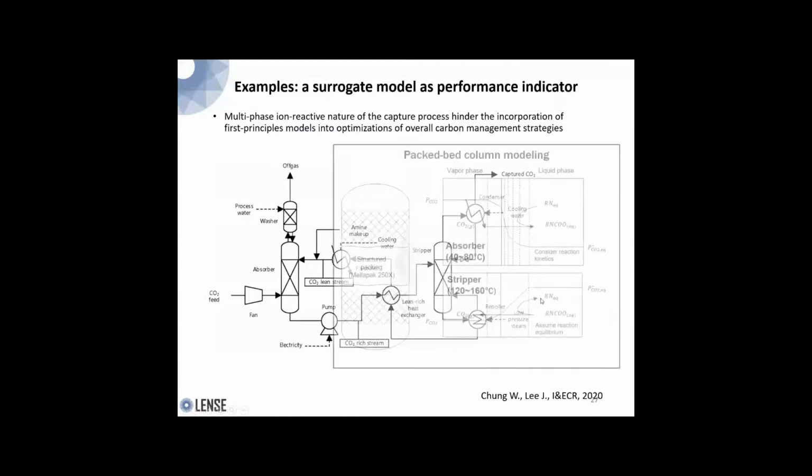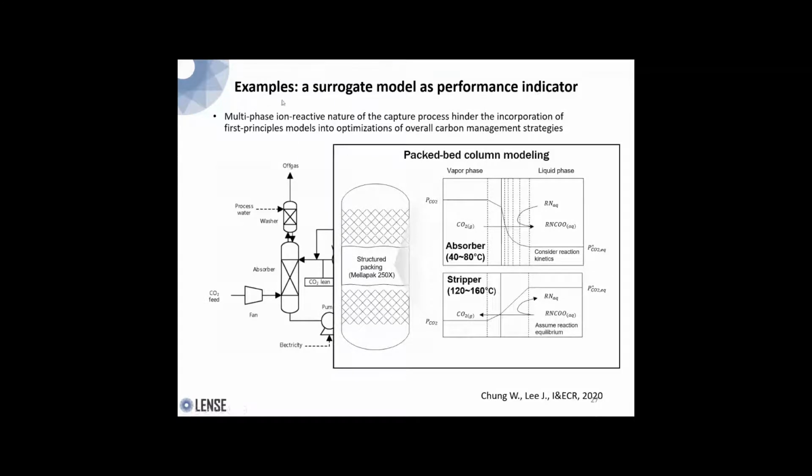And it's a very complex process because it involves ionic reactions, ion phase reactions, and it's multi-phase and so on. So in the absorber, you've got multiple phases, liquid phase, vapor phase, and an inner phase, and then there's a profile.